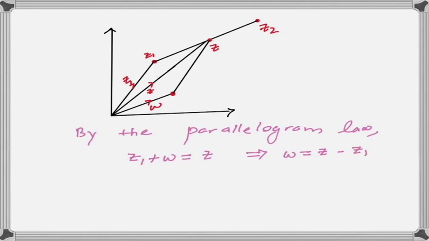Therefore, the absolute value of z minus z1 is nothing but the length of the segment joining z and z1.